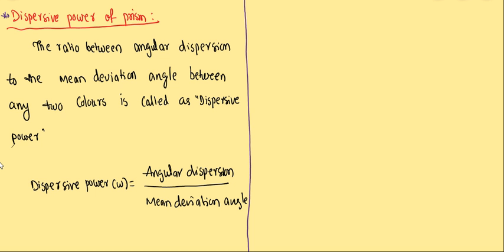For example, if you take only two colors, violet and red, the angular dispersion formula is delta V minus delta R. And the mean deviation means delta V plus delta R by 2. This is the formula for the dispersive power.